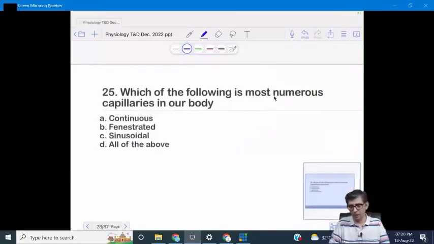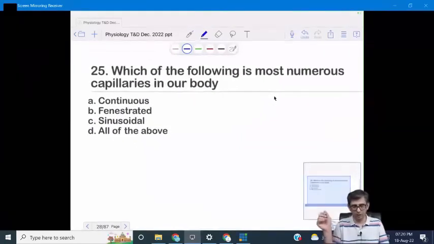Coming to question number 25. Which of the following is the most numerous capillaries in our body?